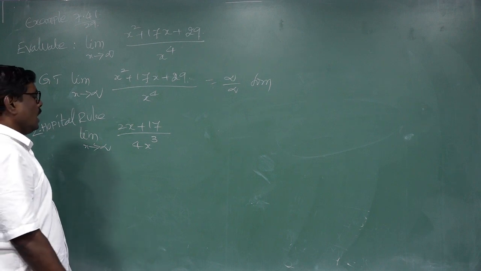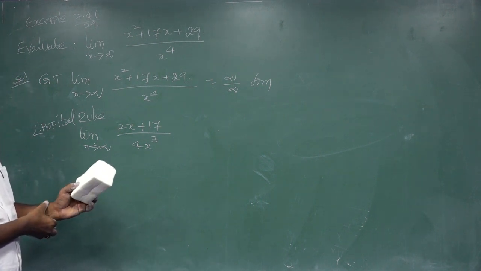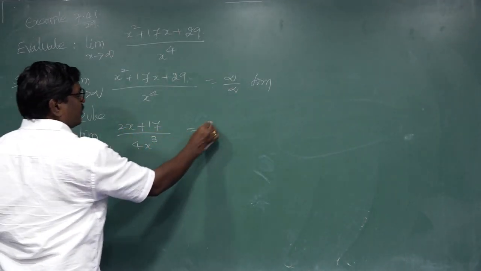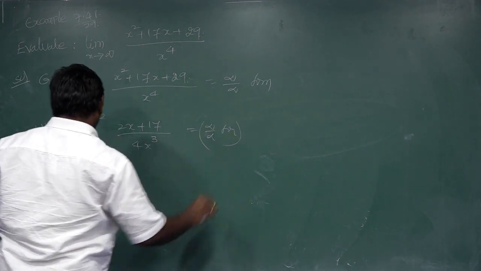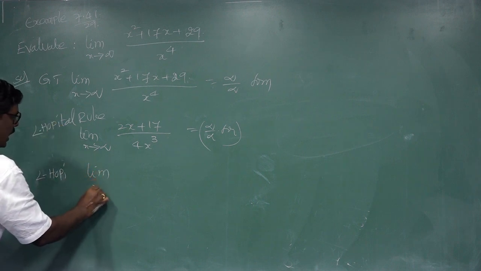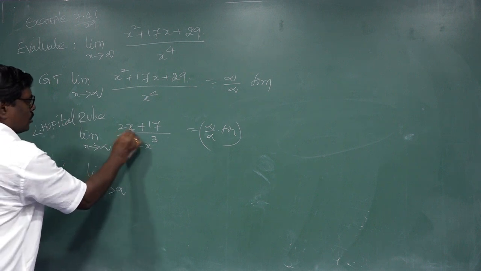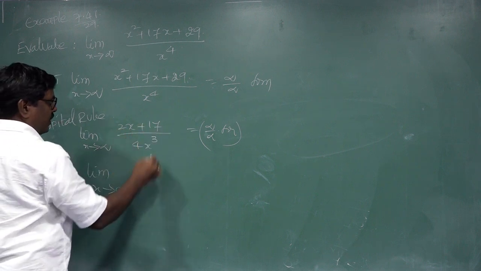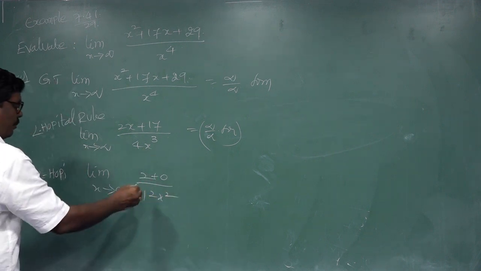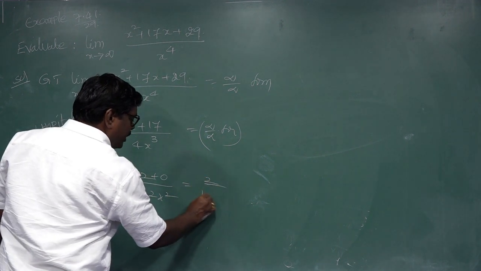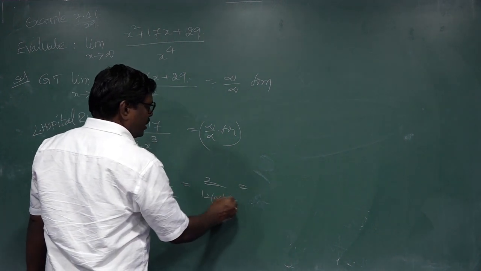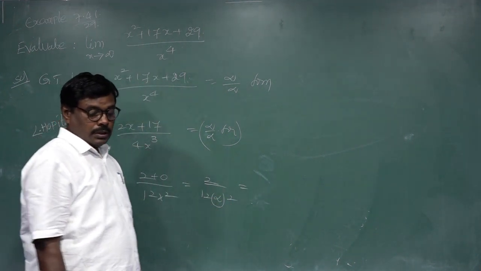Again the form is infinity by infinity, so again the L'Hospital rule: the derivative of 2x is 2, the derivative of 17 is 0, over 12x square. Applying the limit, 2 by 12 into infinity square is something by infinity, and something by infinity is 0.